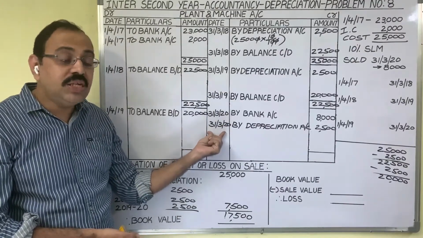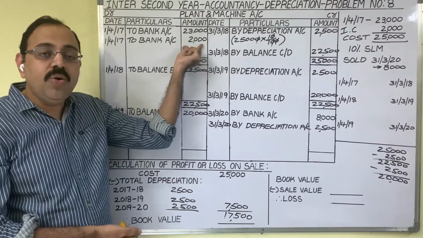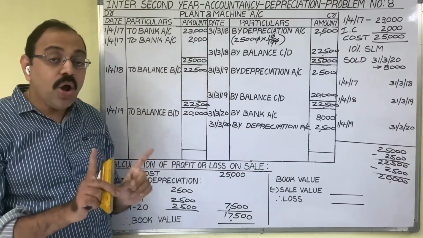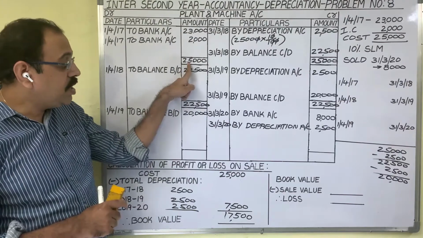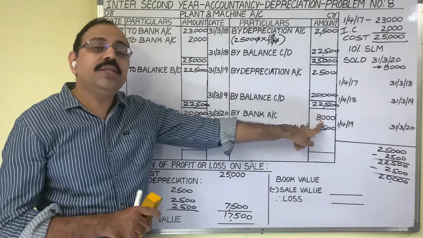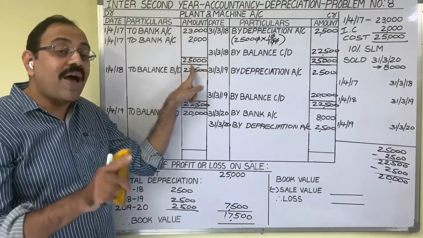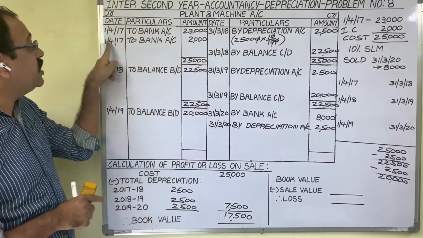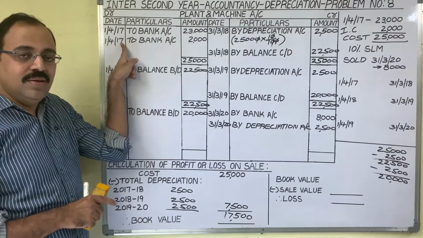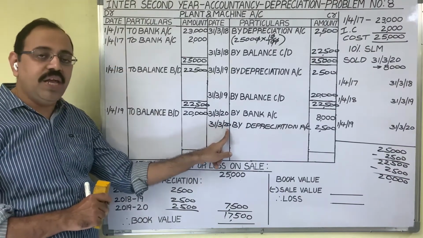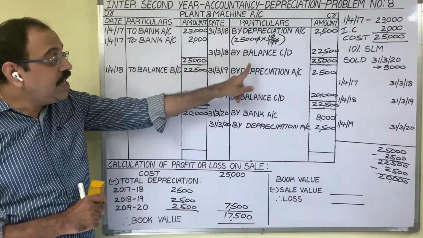We purchased this asset for 25,000 rupees. To calculate the profit or loss in sale, we should not compare 25,000 rupees and the sale value 8,000 rupees, because 25,000 is the value of the asset on 1st April 17. But when you sold that asset on 31st March 20, we are selling after using it for 3 years.